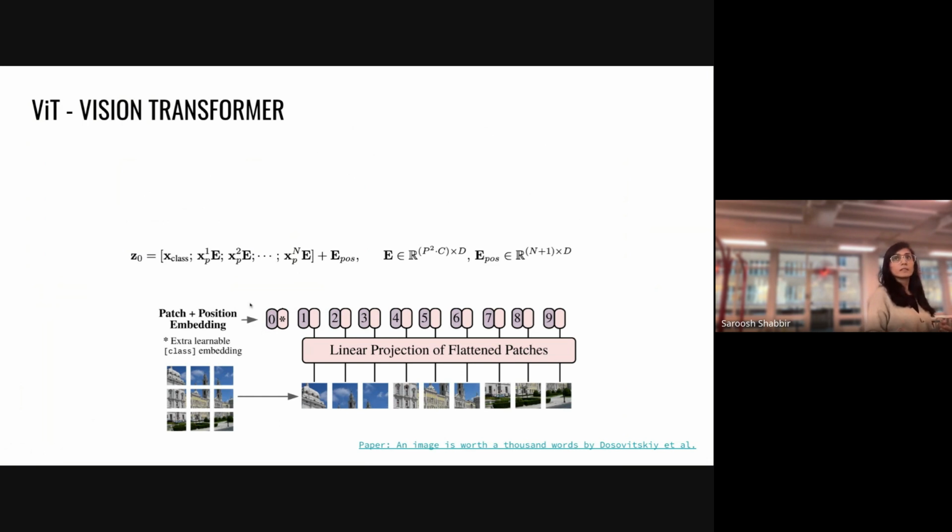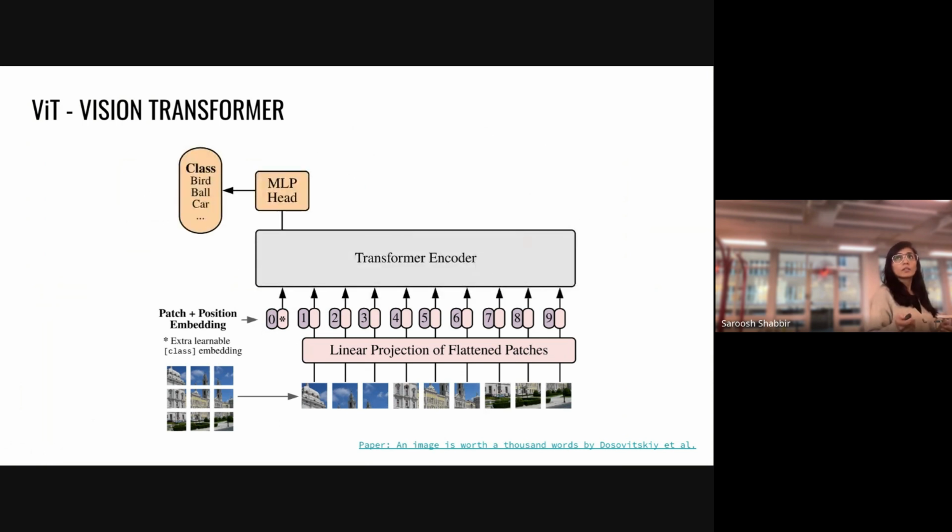They add this, and then this becomes the feature map, which is what they pass to the transformer encoder. And then they do the classification. So this was basically the one thing that allowed them to process image data through transformers.